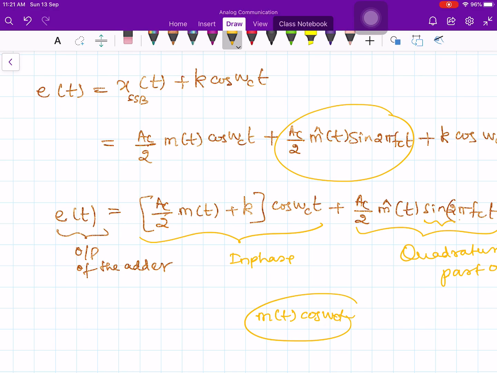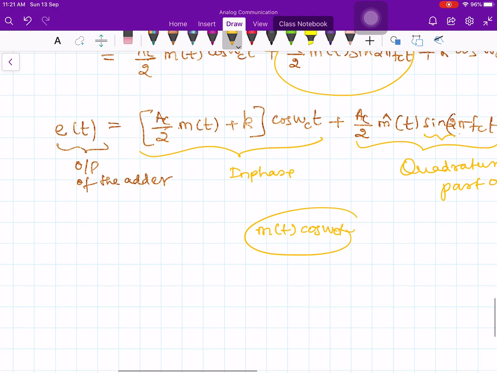Therefore, this is in conformity with our discussion on the general representation of band pass signals. Recall from the general representation of band pass signals. Therefore, whatever we are deriving here, it is in conformity with that discussion.